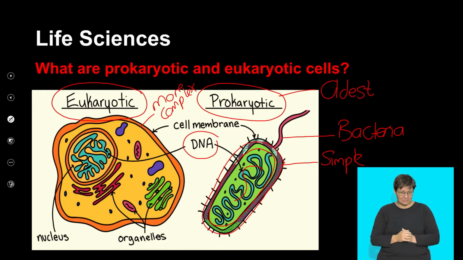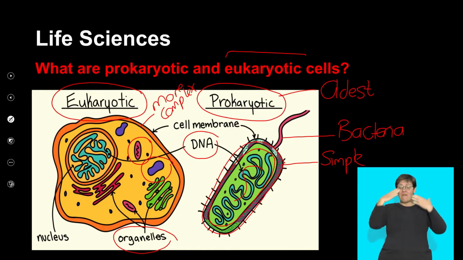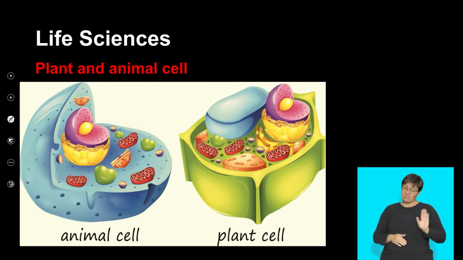What it simply means is there are more things, we call them organelles, in these cells, and they are able to do more. It doesn't mean that they are better. It just means they are able to do more things. We are going to concentrate in this section on the eukaryotic cells. You will look at prokaryotic cells a bit later.